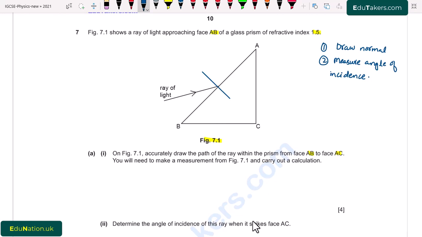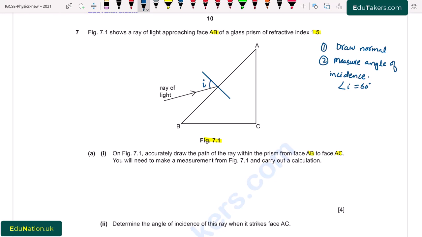So here we have to find out the angle of incidence and it will be equal to this. By using the protractor, we can find out this angle and this angle comes to be 60 degrees. So I write here angle of incidence is equal to 60 degrees.